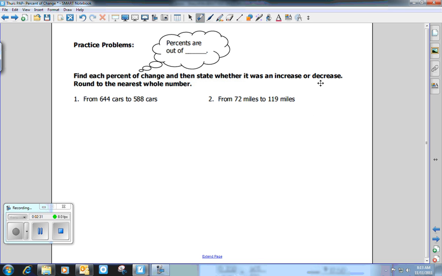Let's look at a practice problem. Percents are out of 100 always. Okay, so let's look at a couple of these practice. I'm going to do number 1. From 644 cars to 588 cars. So the first thing I have to do is subtract and find out what the change was. What's the difference between the two numbers?